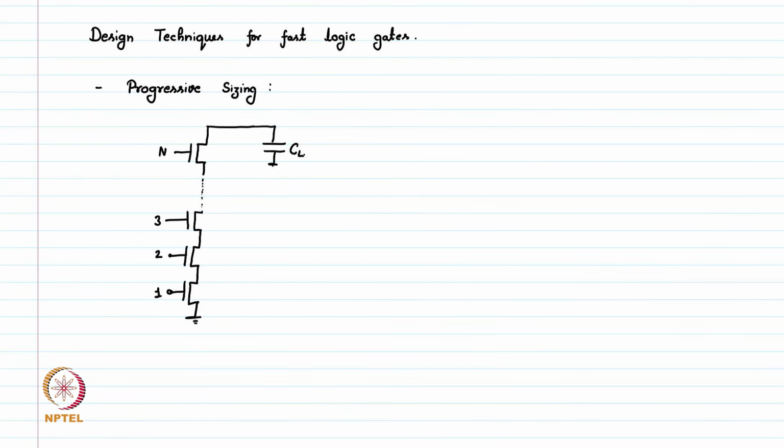I am showing here the pull down network only, which is the worst case analysis, and of course in between we have these intermediate capacitances. Let us say this is C1, this is C2, this is C3, and then CL.